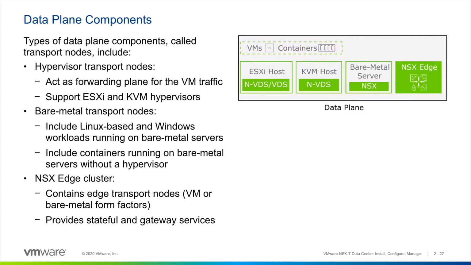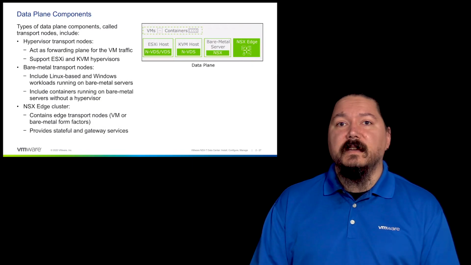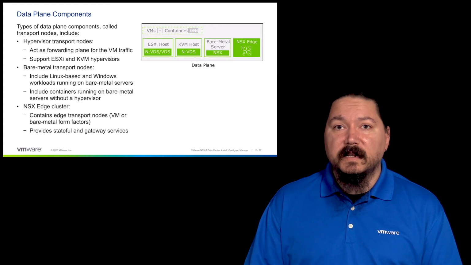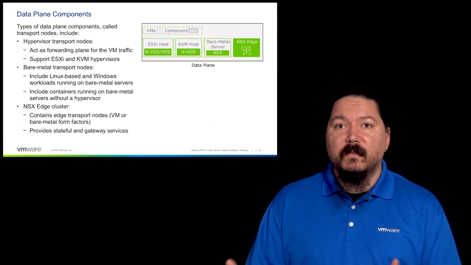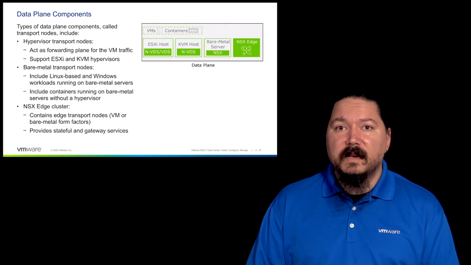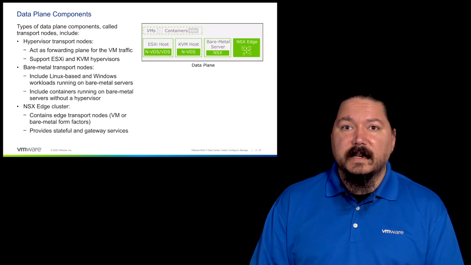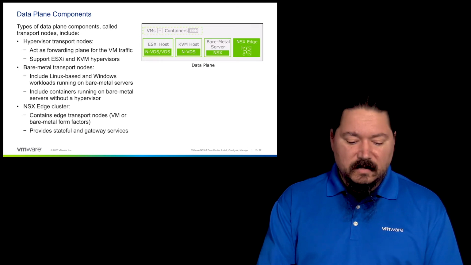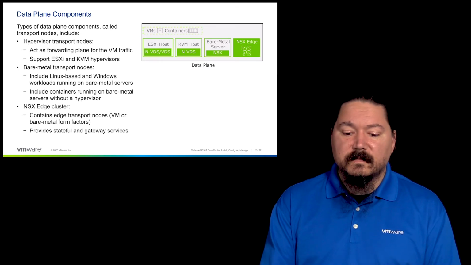I can actually put my applications running on physical servers on overlaid networks. I can protect them with the distributed firewall, things like that. So bare metal servers give us even more flexibility in the data center with networking and security with NSX-T. We are not limited to virtual machines and containers.